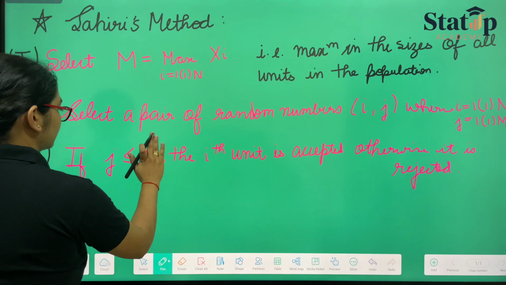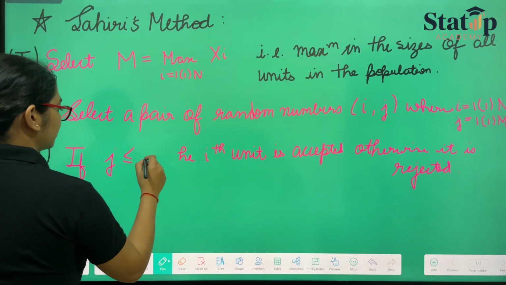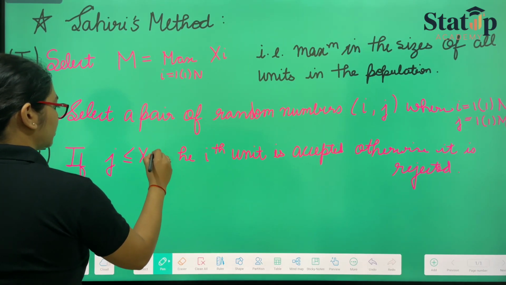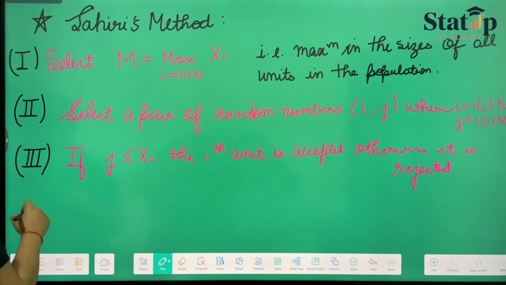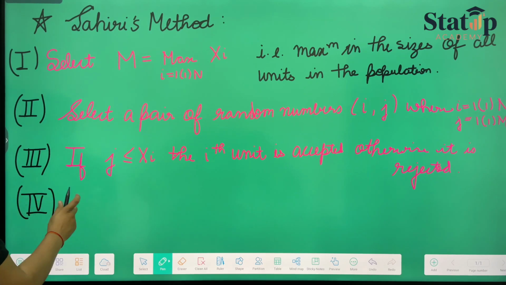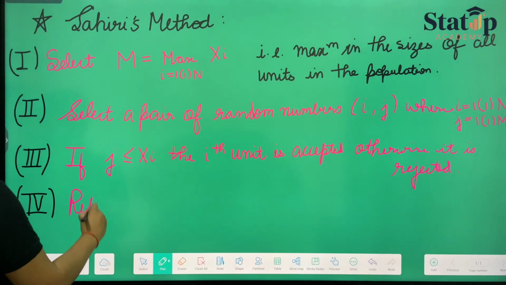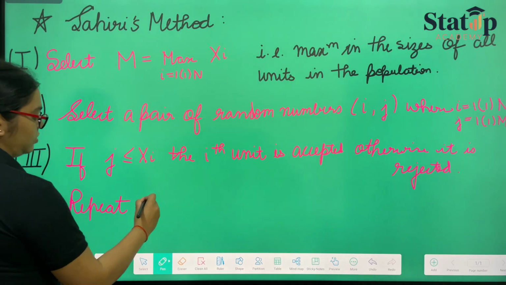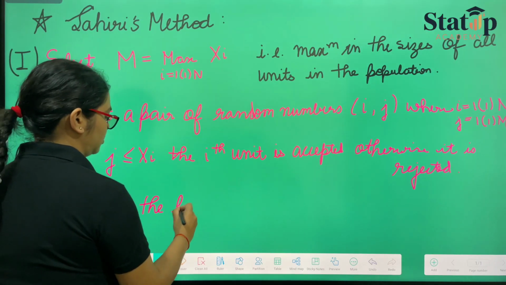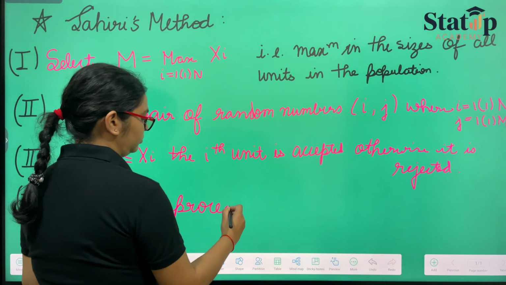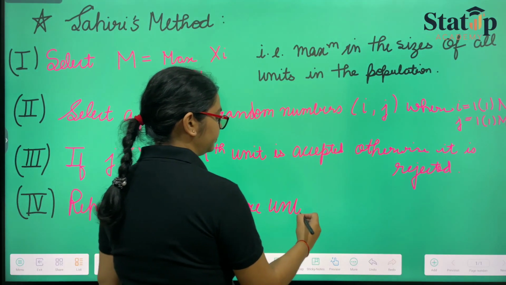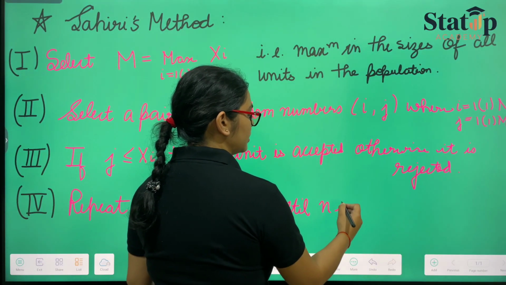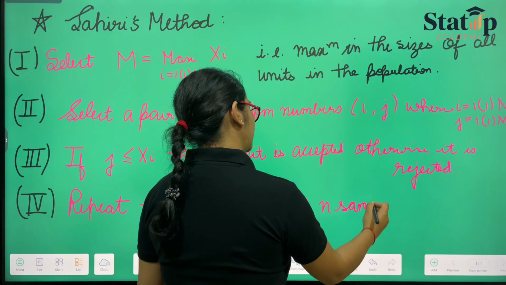Then the fourth step is: repeat the procedure until n sample units are obtained.